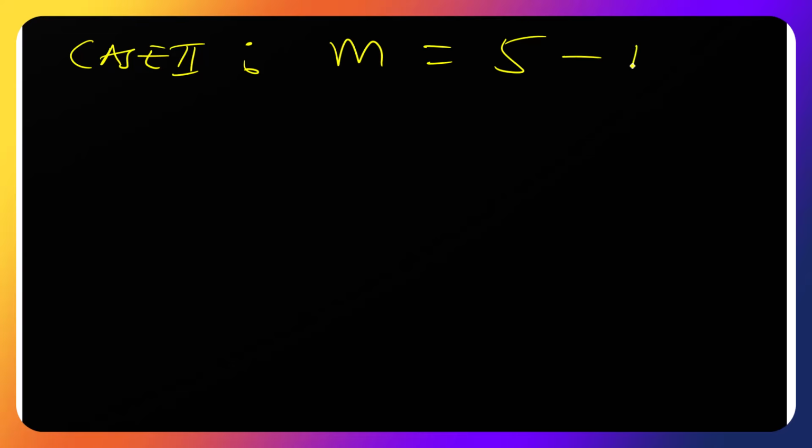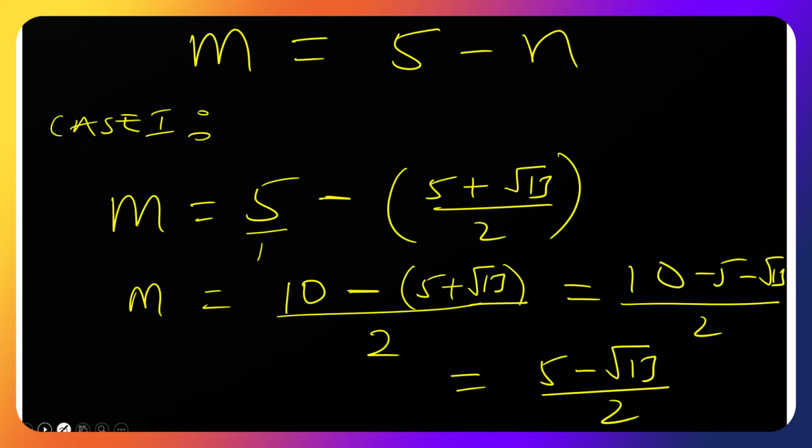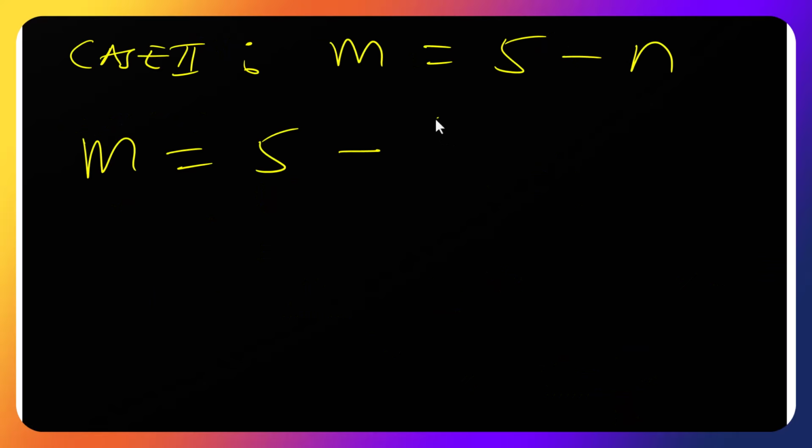So case 2, m equals 5 minus n. So this time n is 5 minus root 13 on 2.